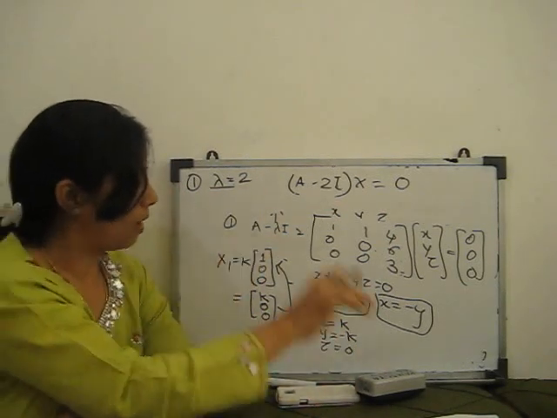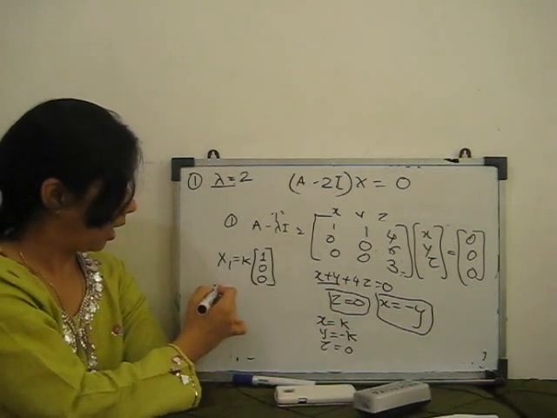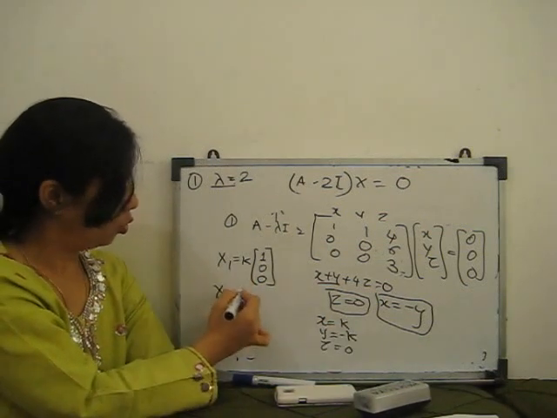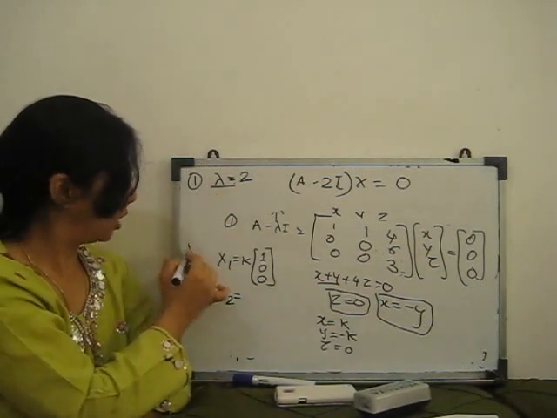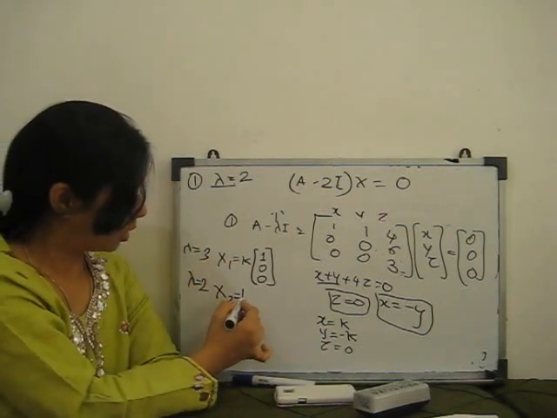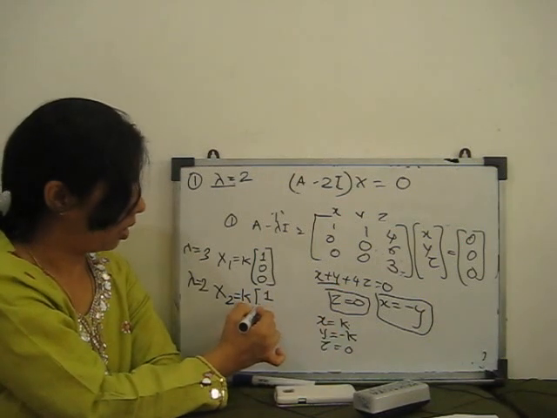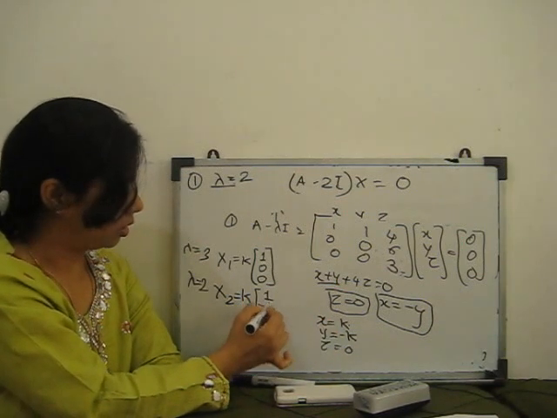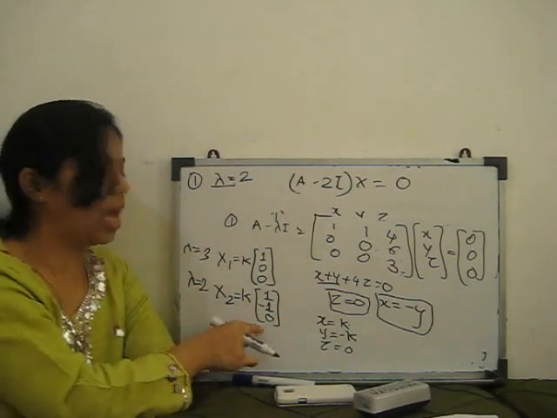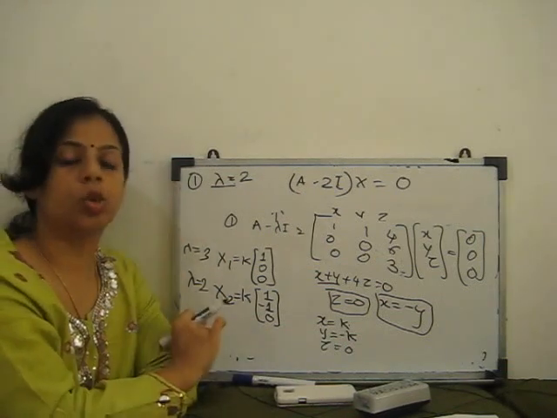So our next eigenvector, the second eigenvector x2, for λ = 2, is k times (1, -1, 0). This is our second eigenvector for λ = 2.